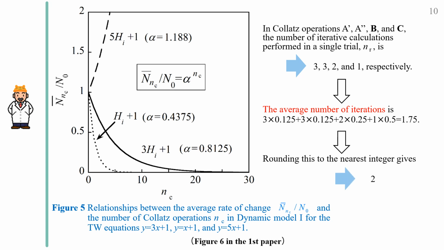Rounding this to the nearest integer gives 2 times. This value of 2 is considered reasonable.